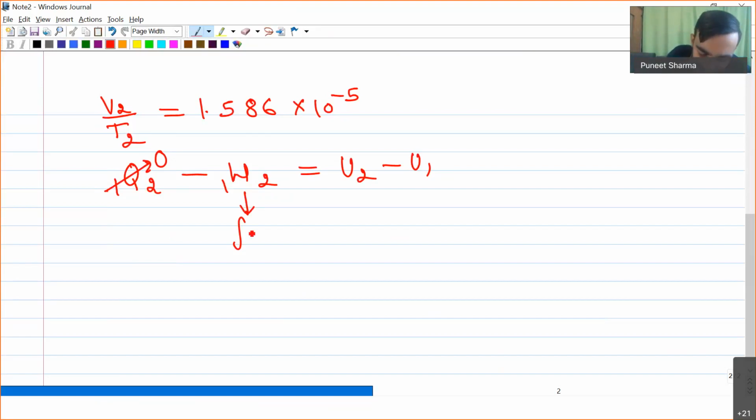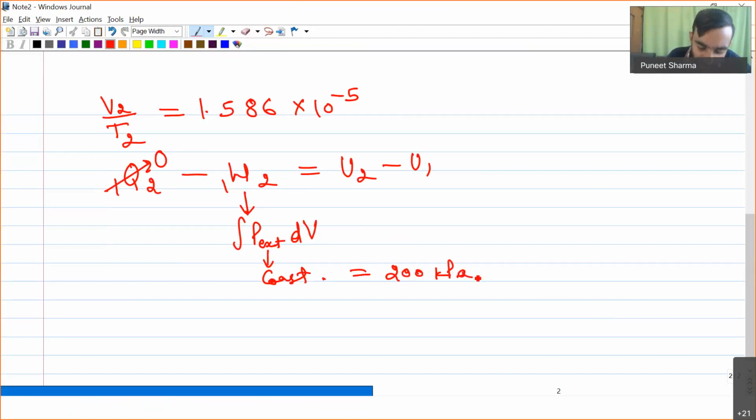So when we calculate work in case of irreversible process, we write P external into dV. Now it is given in the question that external forces are acting on the piston in such a fashion that gas pressure of 200 kilopascals is required to balance. So it means external pressure is constant and that is equivalent to 200 kilopascals.